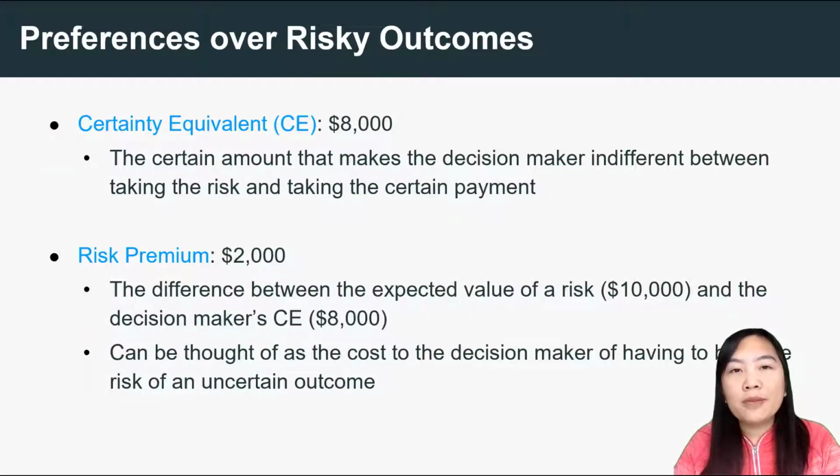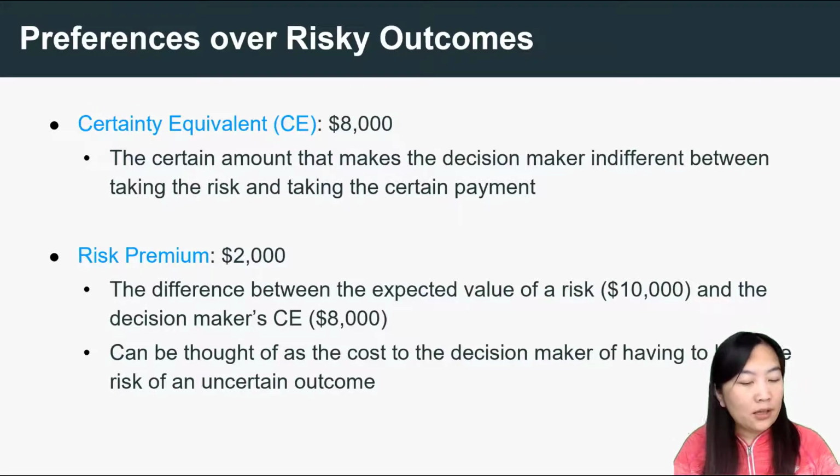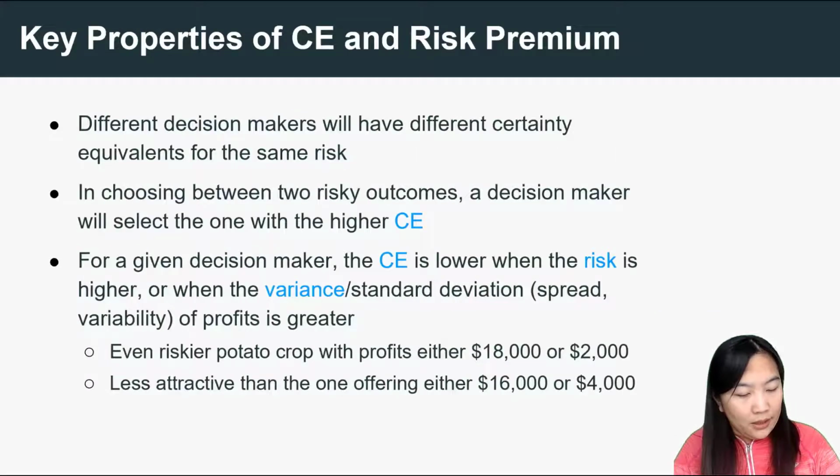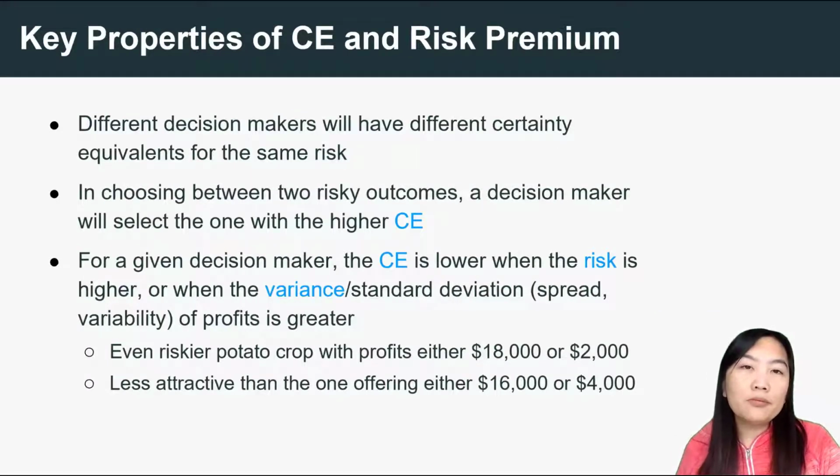And the risk premium, again, is the difference between the expected profit and the decision maker's CE. So it can be sort of the cost to the decision maker of having to bear the risk of an uncertain outcome, similar to the premium when you buy car insurance. There are some properties of CE and risk premium.